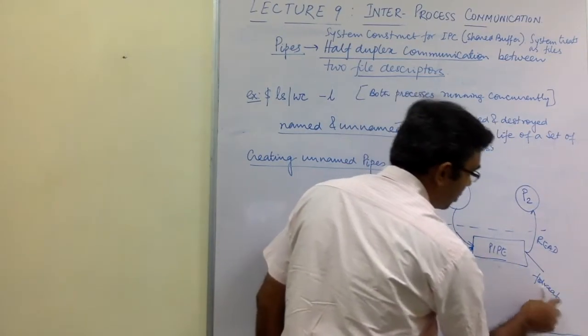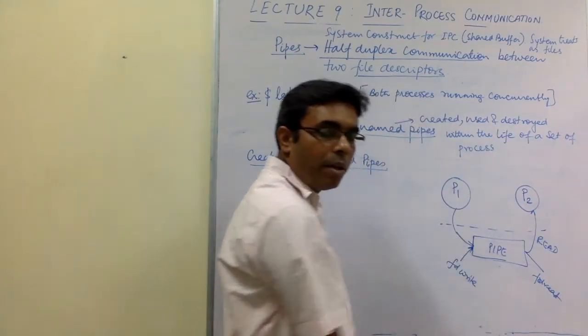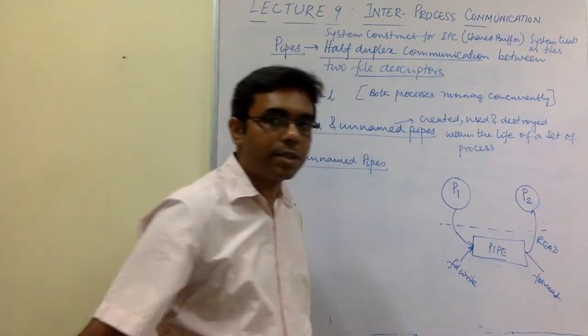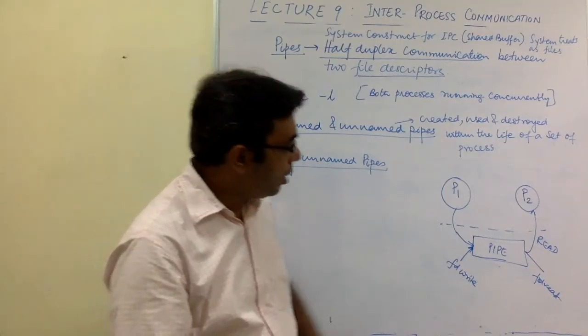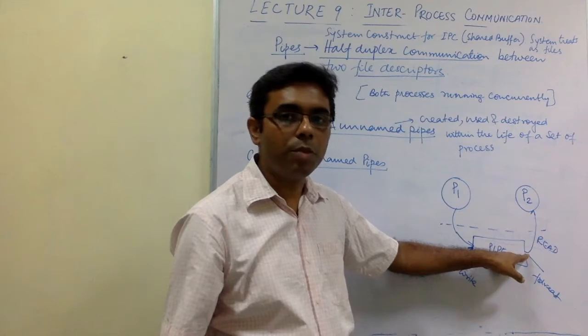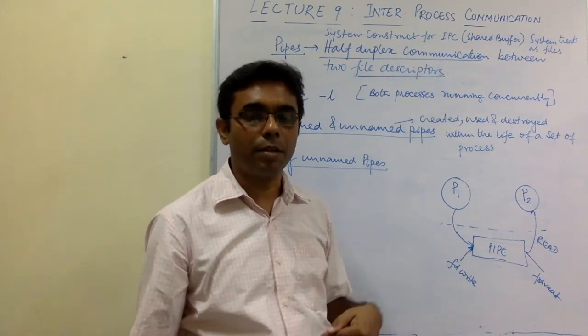If a process wants to write something into this particular pipe, it has to make use of the write file descriptor to perform a write operation on that pipe. And if this process wants to read something from this pipe, it has to make use of the read file descriptor, only then can it read from it.